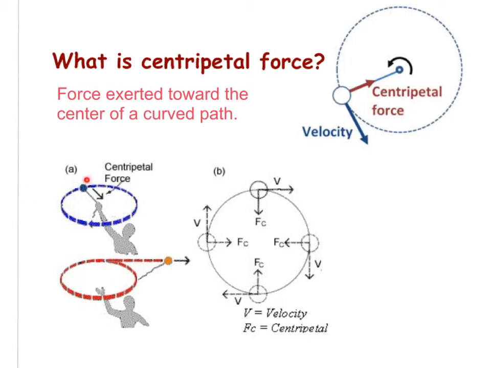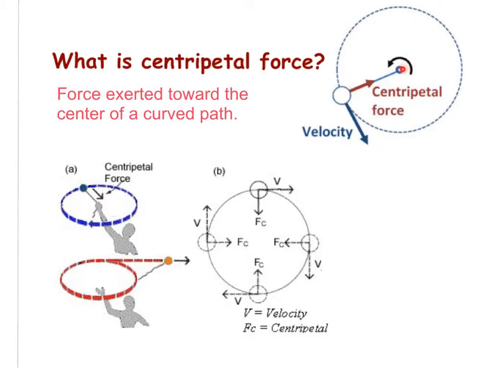Here's the curved path. If the ball is over here, the centripetal force would be in this direction. If that person were to let go of this string at any point, the object would no longer be experiencing centripetal force, and it would continue to travel in a straight line, at an angle exactly perpendicular to the centripetal force where it once had been.